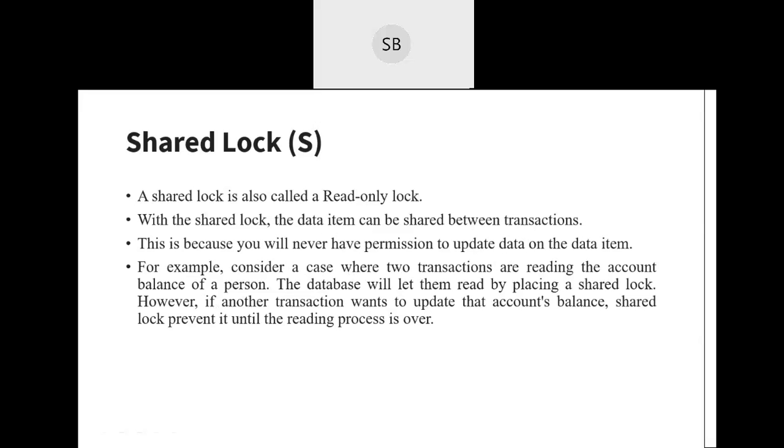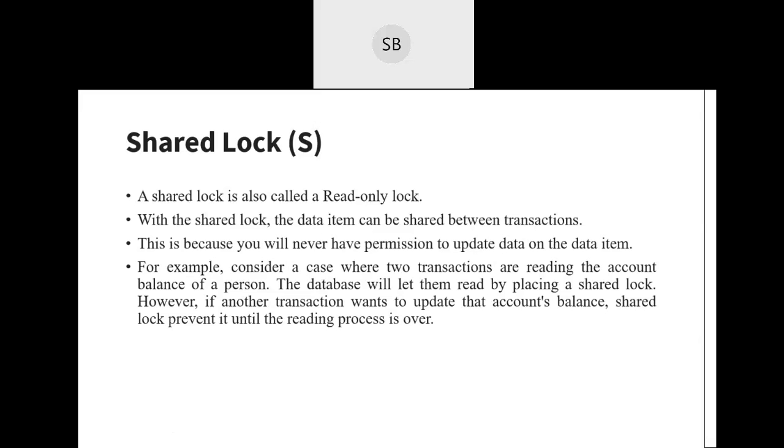That is why you can have a shared lock. However, if another transaction wants to update that account balance, the shared lock will prevent it, because a shared lock only gives you permission to read the database, not to update the database.